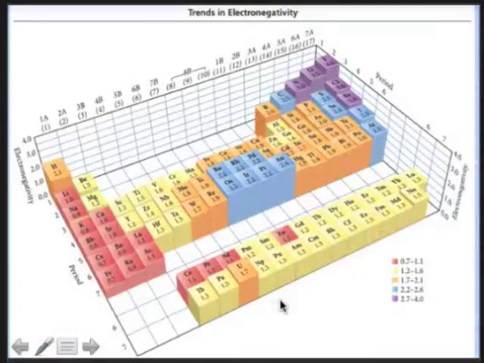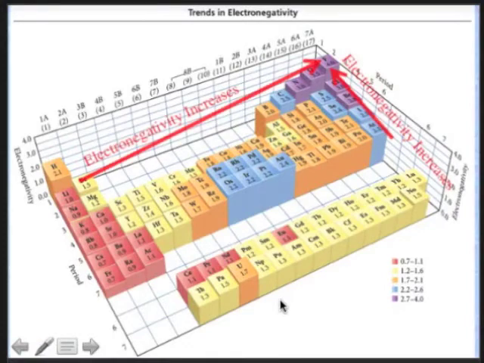So again, here's the periodic table. Electronegativity increases. Easy way to remember it, as you approach fluorine, electronegativity increases. Fluorine is the most electronegative element in the periodic table.